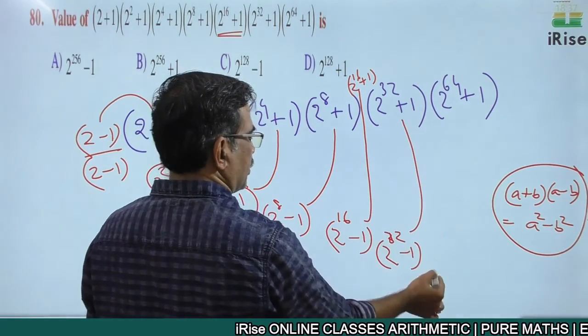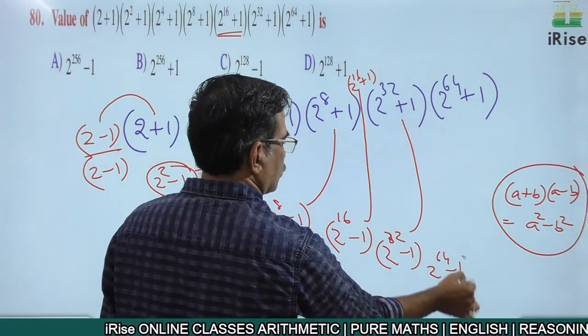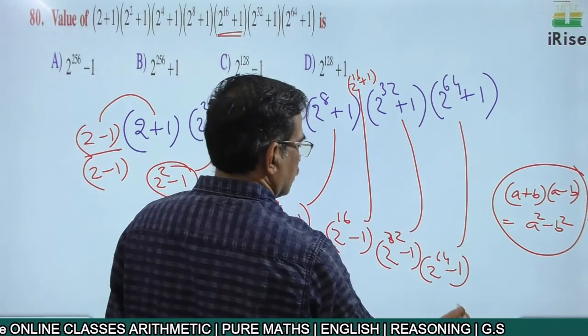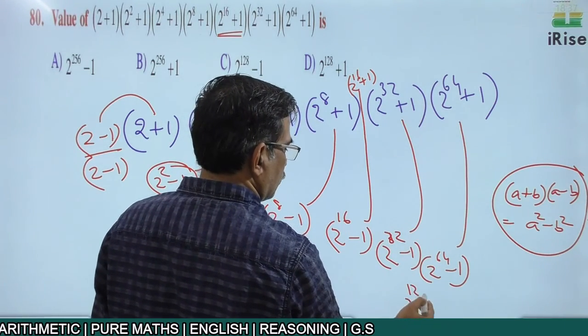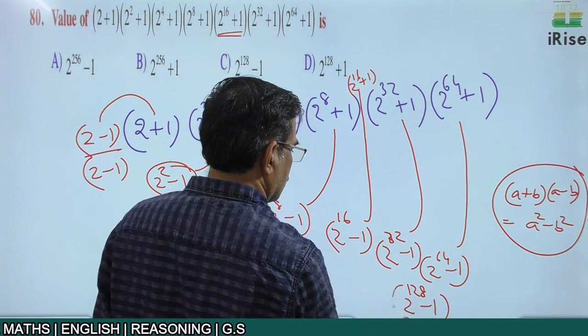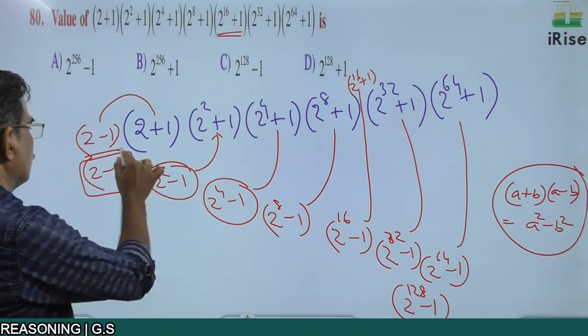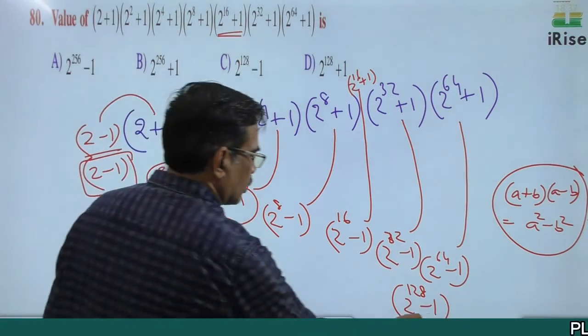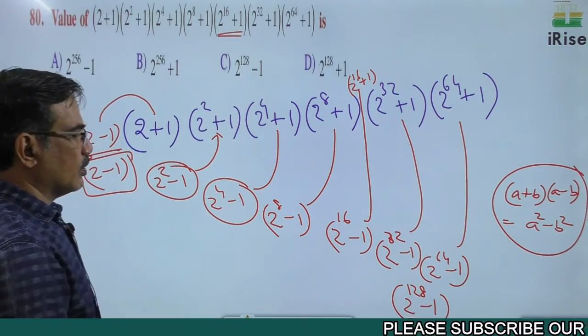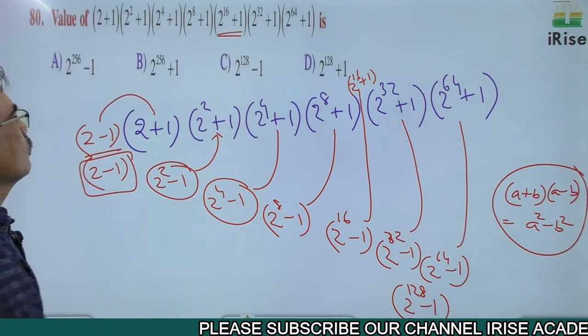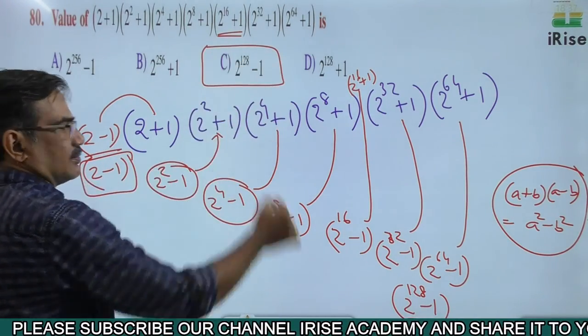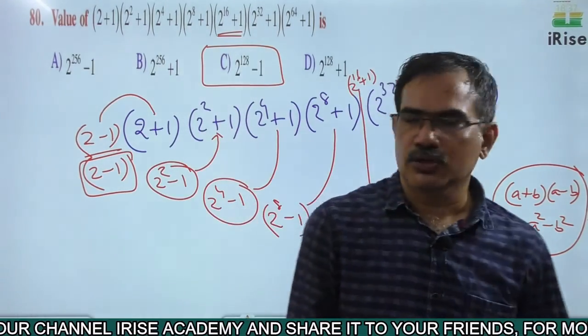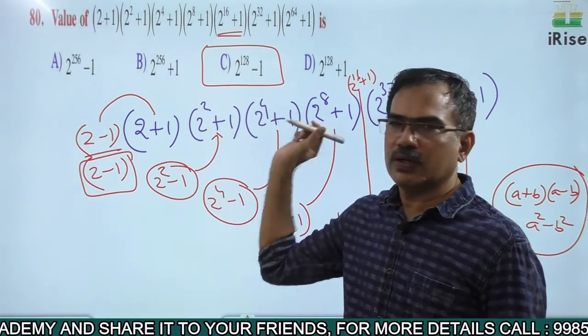This multiplied by 2 power 32 plus 1 gives 2 power 64 minus 1, and multiplied by the last factor, you get 2 power 128 minus 1. Already 2 minus 1 is equal to 1, so it's not necessary to divide by 1. So the answer is 2 power 128 minus 1. It's a very simple question. Just multiply by 2 minus 1 and we get the answer.